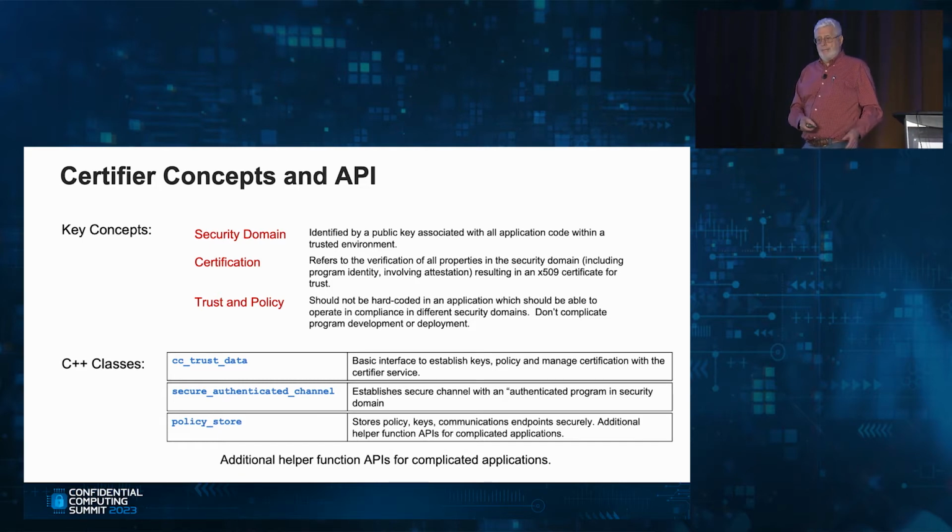So you could write an application to share data or whatever you're going to do, and the application need not worry about any of the mechanics of relying party transactions or any of that. The process of certification, we don't use the word attestation, is the process of talking to a server, which holds the private key corresponding to that public key, and saying, listen, here's a bunch of evidence, including an attestation, which shows why you should trust me.